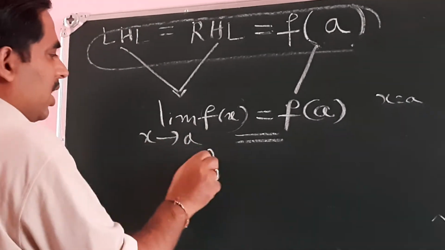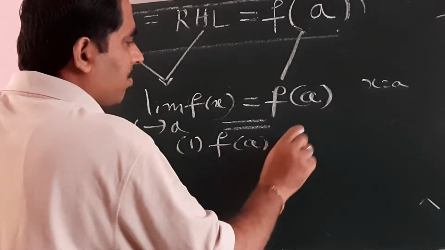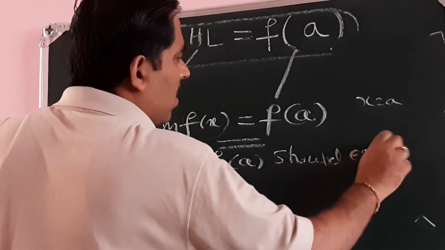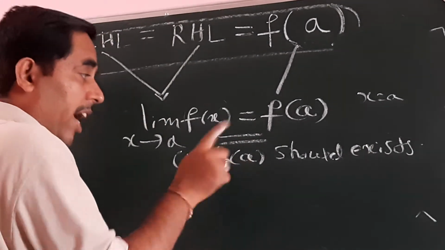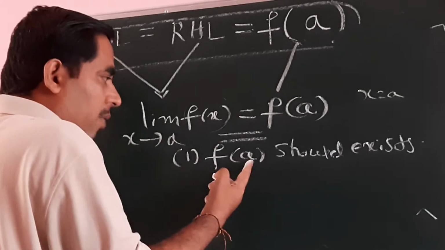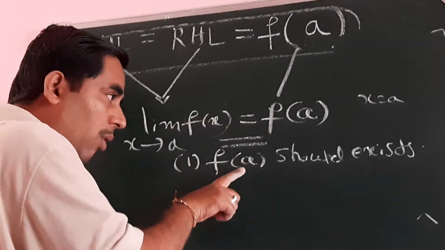See, there are three things to remember here. First of all, f of a should exist. That means we have taken a point a, and the value of the function at the given point should exist.